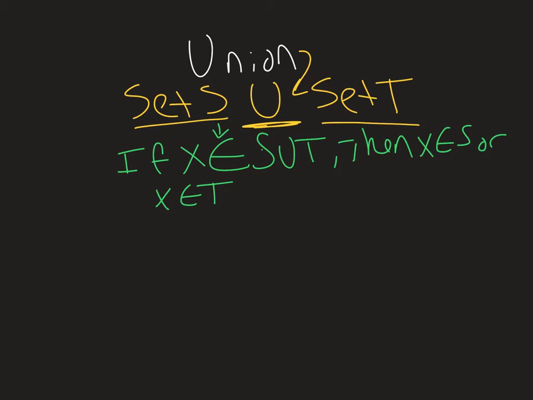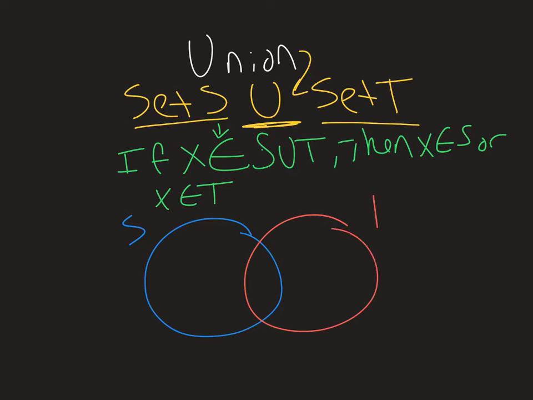And usually we represent this with a Venn diagram. So say we have set S here and we have set T here. Well, X could be just a part of S, could be just a part of T, or it could be a part of both. Sometimes it so happens that these sets have overlap. So if you think about the set of all even numbers and the set of all multiples of 3, there are multiples of 3 that are even as well.